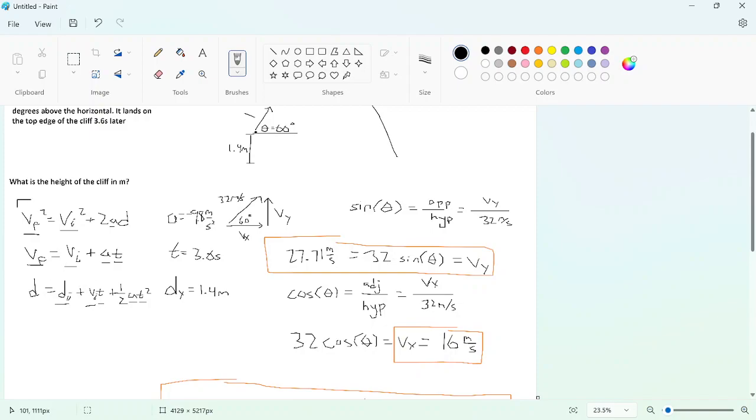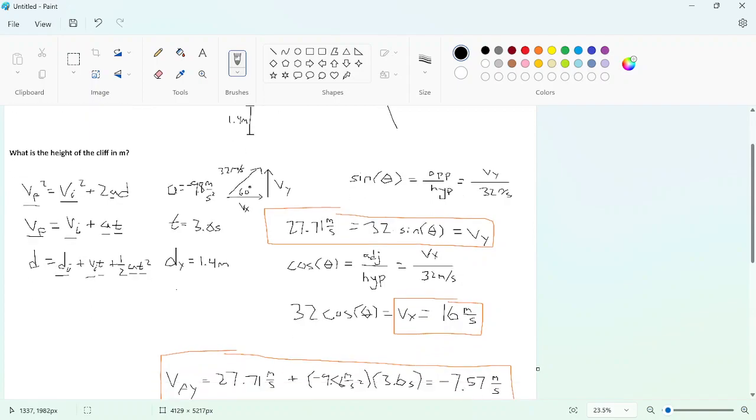Okay, so now we can also use this formula too, if we wish to. But we'll go ahead and use this one.